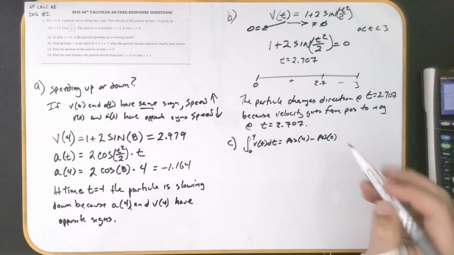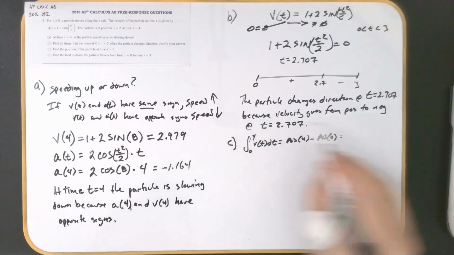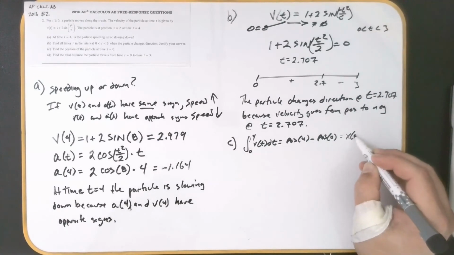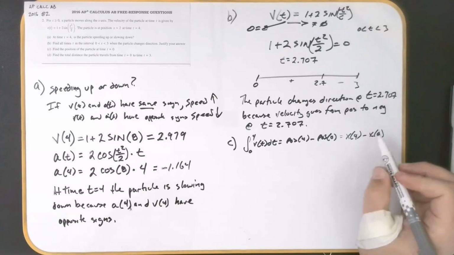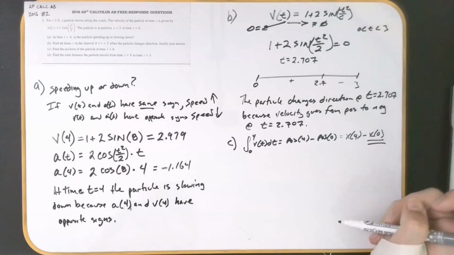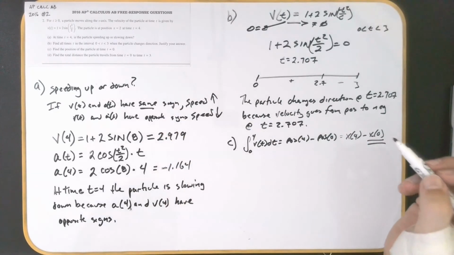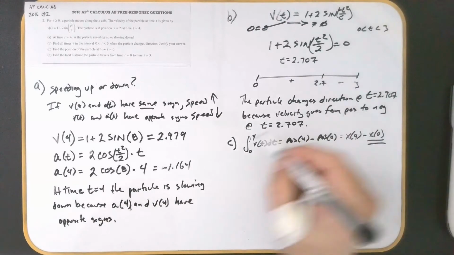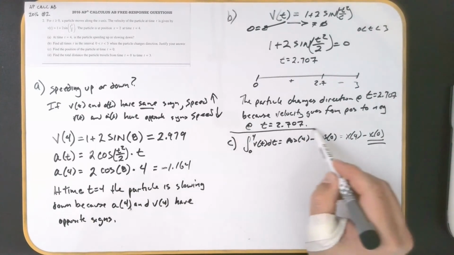Now I'm purposely putting position just so we don't lose anybody. But because this is horizontal movement again, that's going to be x of 4 minus x of 0. Okay, now they want initial position, that's x of 0. And if you recall from early in the problem, or in the given information, they state, we'll sneak this in right here. So I want to draw a line right here.